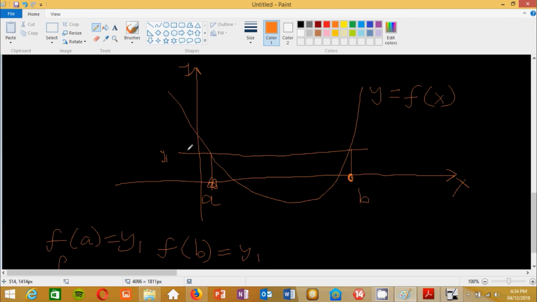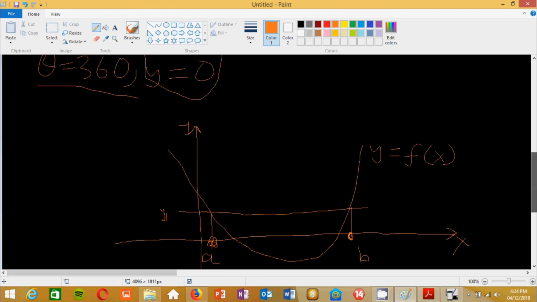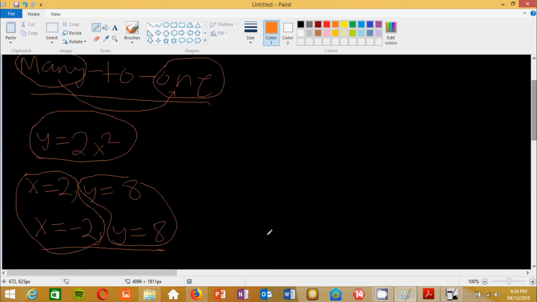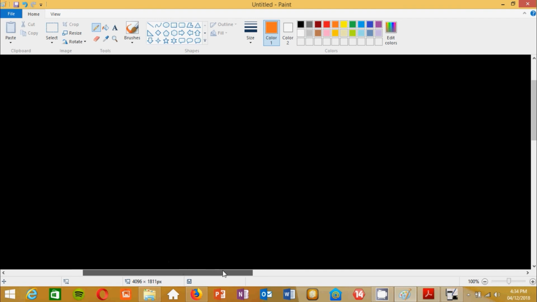If I go to A, the y coordinate is y1. If I go to B, the y coordinate is also y1. So graphically, this is what it looks like. I have many values of x, in this case A and B, which are giving me the same value of y, in this case y1. So this is a many-to-one function as well. So quadratic functions are actually many-to-one functions.